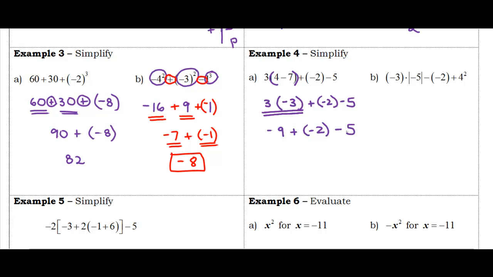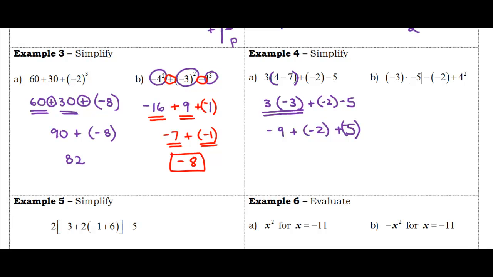So I did the parentheses, then I did the multiplication. Now I have left addition and subtraction, the last operations on the list, right? But to be careful about subtraction, we rewrite it as what? Adding the opposite. Again, if you don't need to do that and you're getting the right answer, fine.